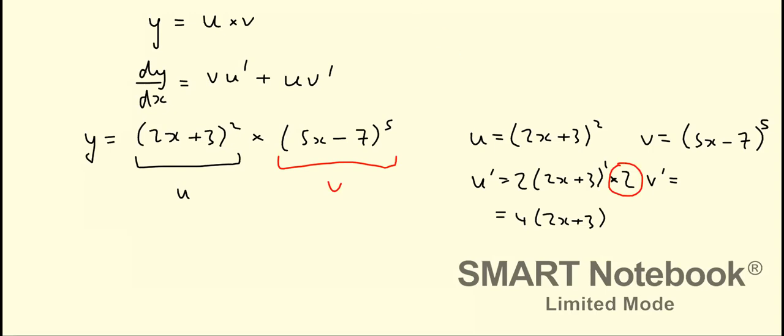Now, similarly, when I do think about v dash, I'm going to multiply the power down. And then I need to multiply by 5 again, because the differential of what's inside the brackets is 5. So we end up getting 25 times by 5x minus 7 to the power of 4.